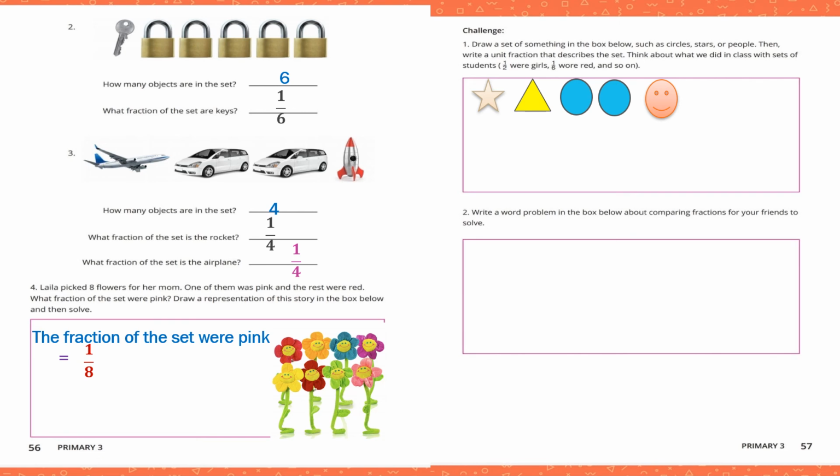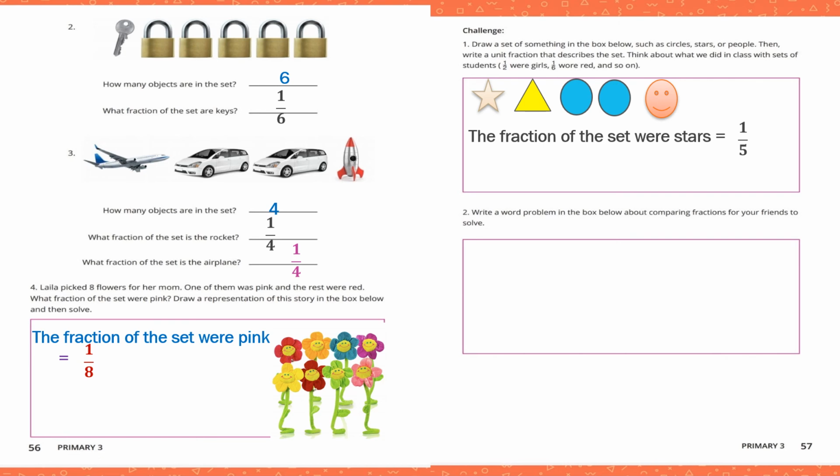We want to know what fraction of the set were stars. How many stars do we have? Just one. One out of what? 1 out of 5. So it's 1/5.